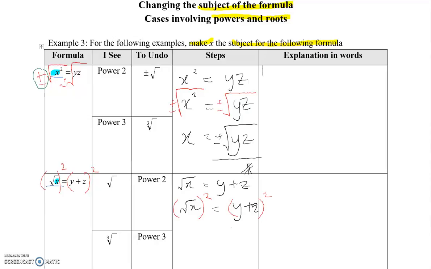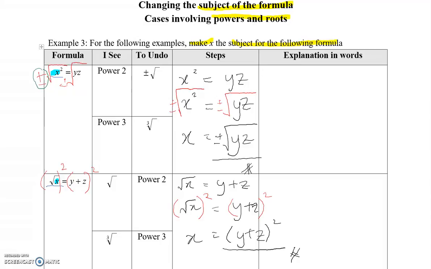So finally, we'll have x equals (y plus z) whole bracket squared. We can choose to leave this in a factorized form, or we can expand this expression. So that is how we make x the subject of the formula.